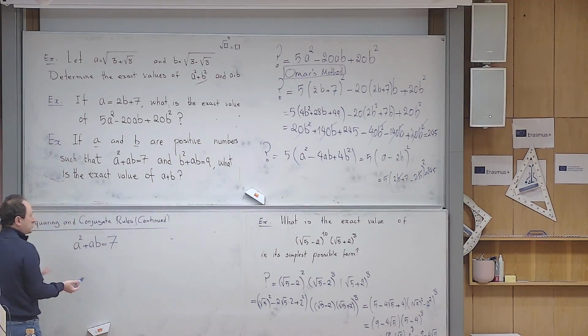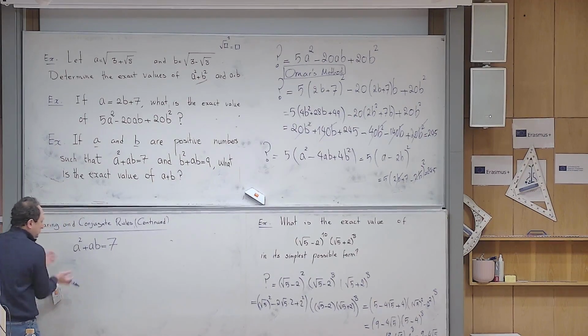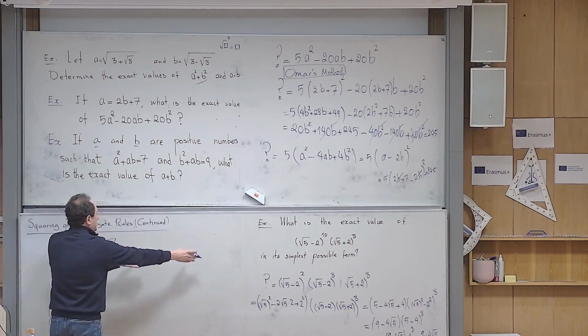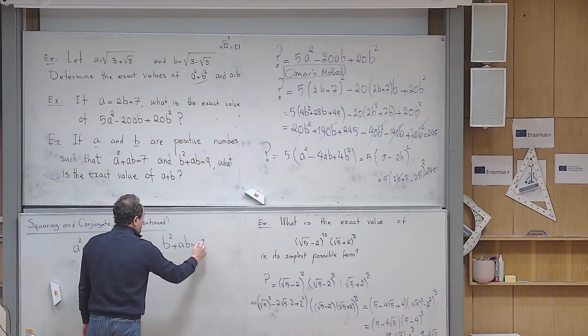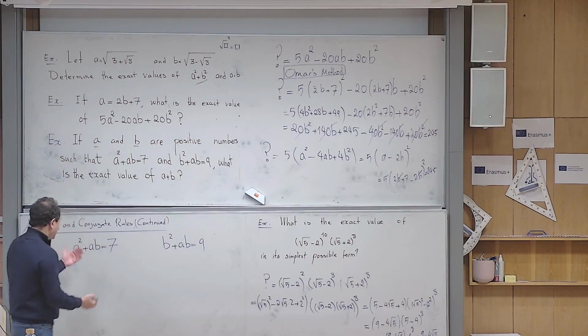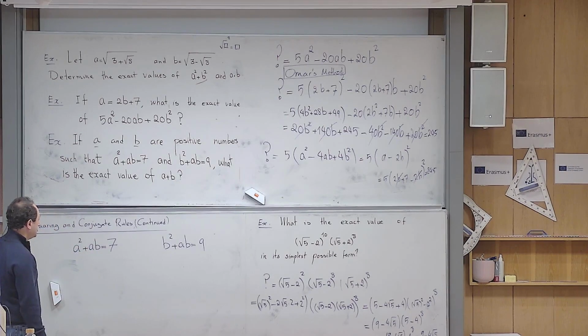If you write it messy, you cannot understand it yourself. And then you have b squared. It doesn't matter if you write it below or if you have enough space, you write it there. That is up to you. But it is extremely important to write the necessary information in front of you, and then put what you want to answer. The answer that you want to find is a plus b.